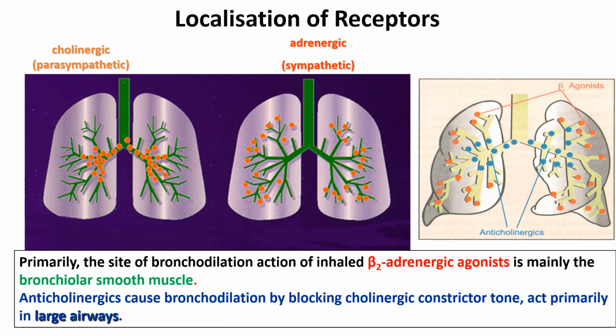So if you see this particular picture, the anticholinergics are affecting the larger airways, whereas the beta 2 agonists are mainly affecting the bronchiolar smooth muscles.